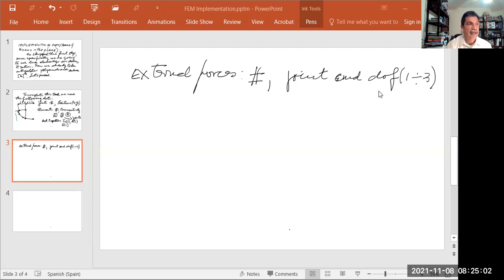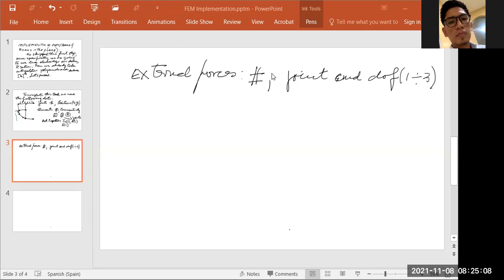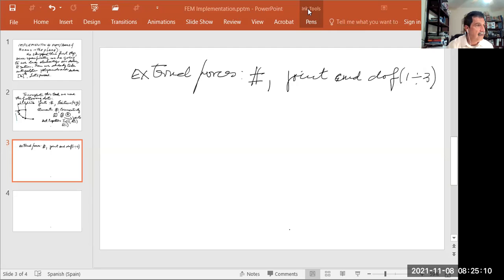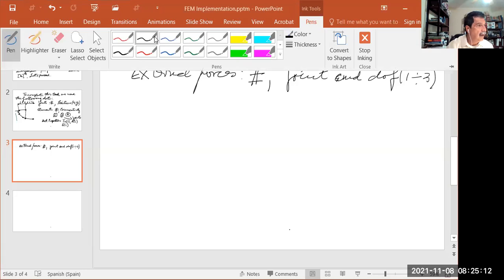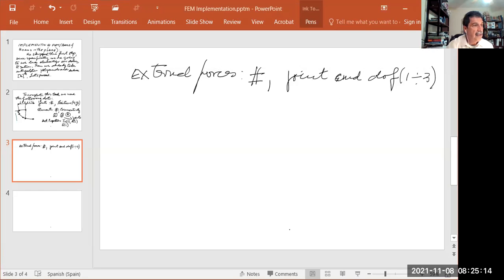My suggestion is these values, okay, I'm sorry, this is incomplete. Maybe that's what you were telling me. We need the joint, the degree of freedom, and the value, of course. So you need to say, in this joint, in this direction, and with that value. Yeah, thank you, Mr. Ortega.